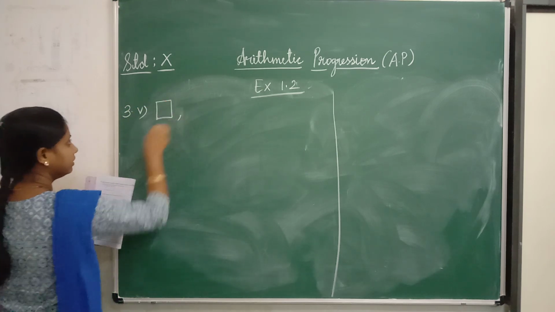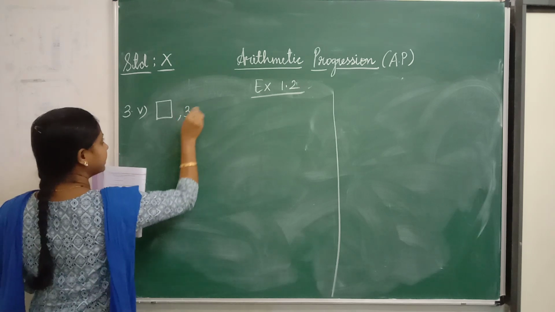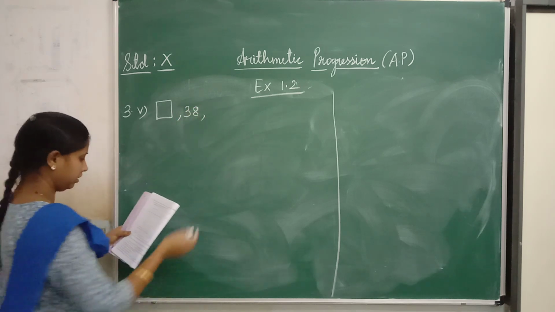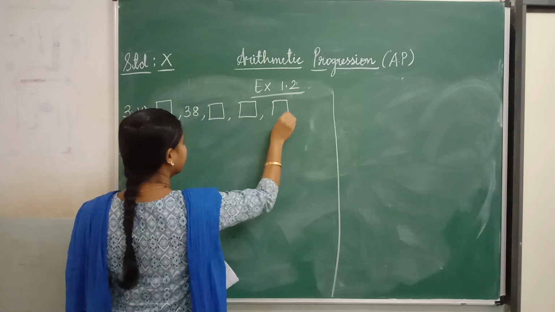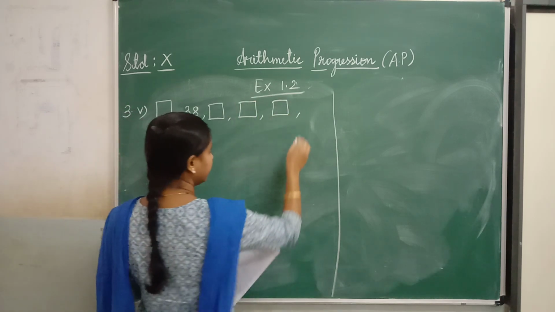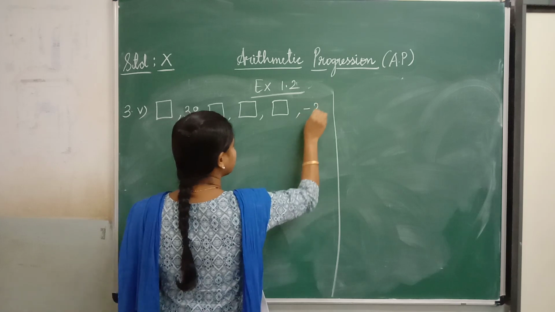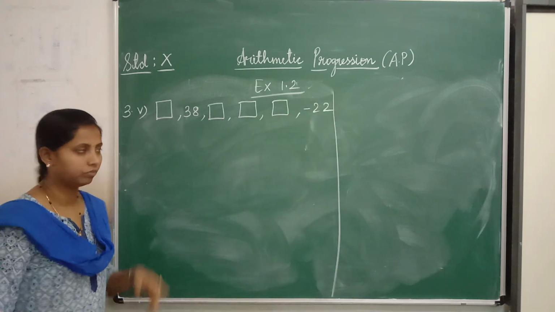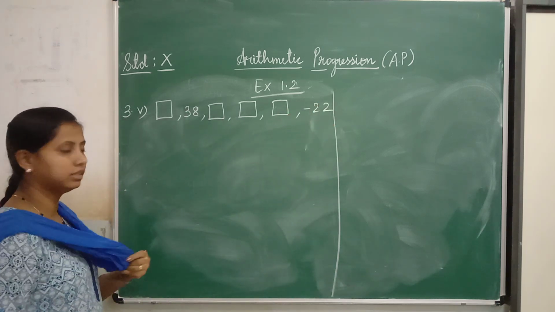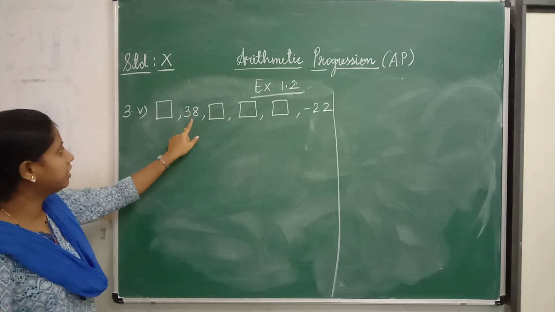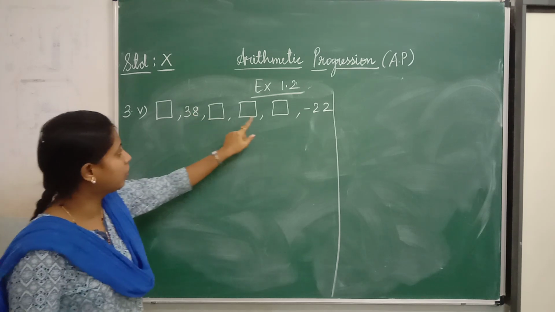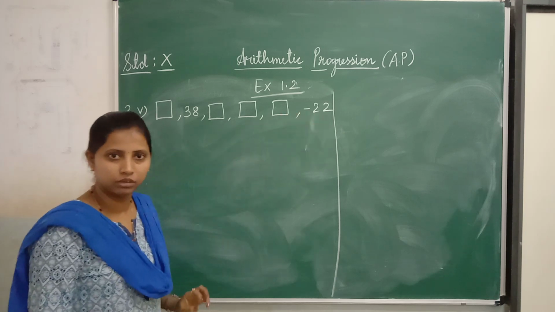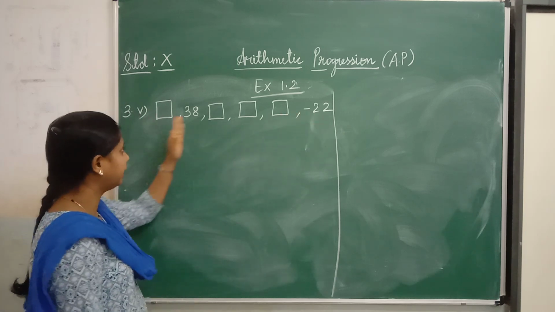First they have given a blank, then next term 38, next again 3 terms they have given blank, and then given the next term as minus 22. Yes children, in this particular AP they have given us only 2 terms, that is the second term and the 6th term. So using this we have to find the remaining.